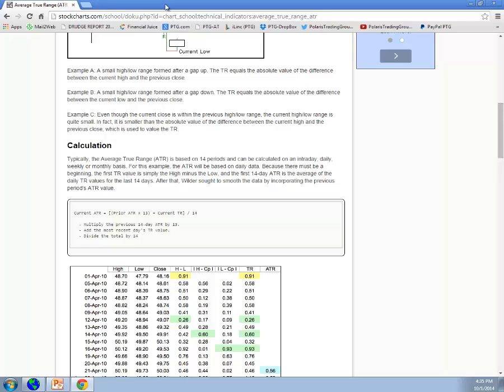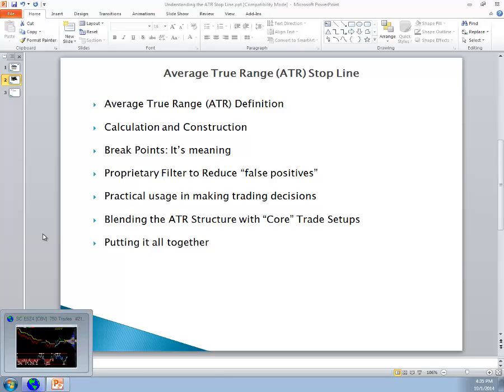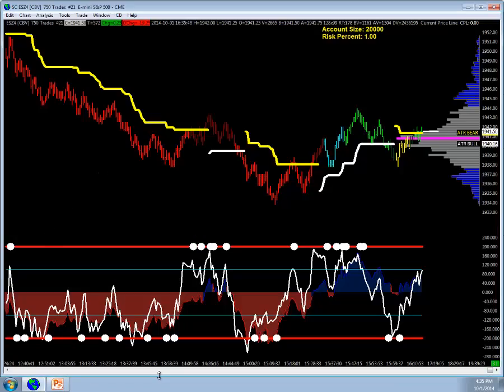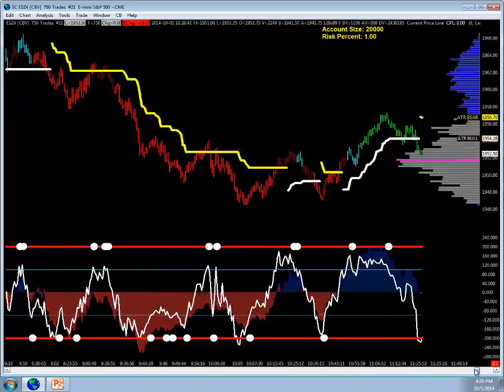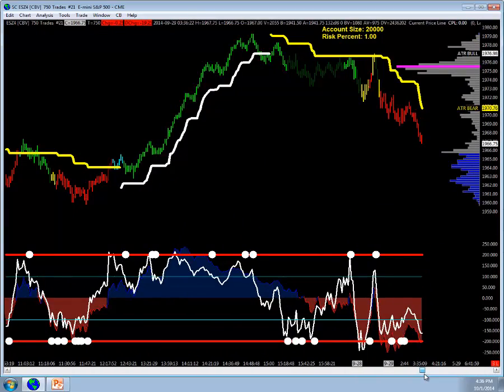So let me just move this chart over, and we'll get right back into our chart. So the calculation, construction, and definition: let's go right to the charts. A picture is worth 1,000 words here. Just pick a location here.